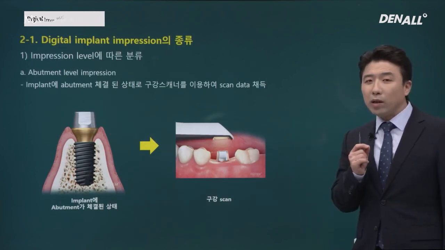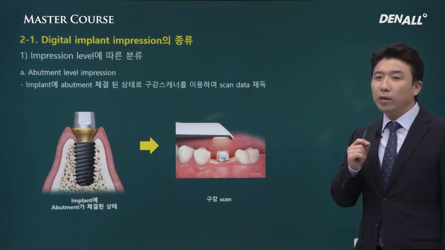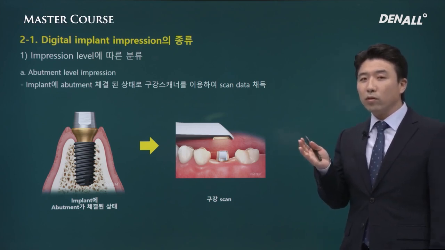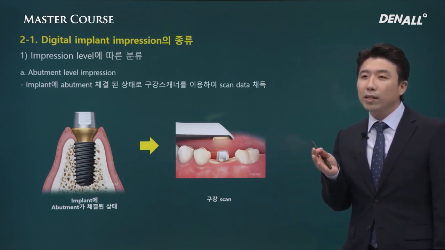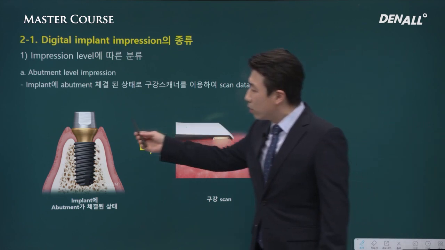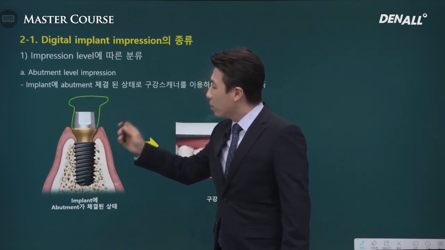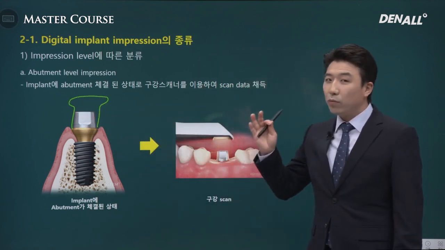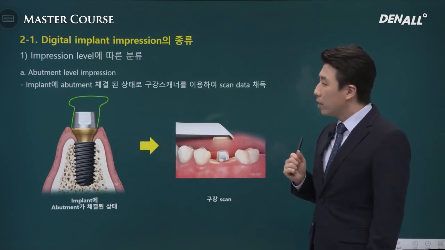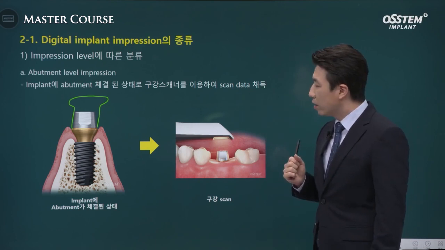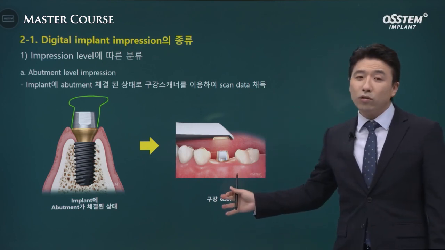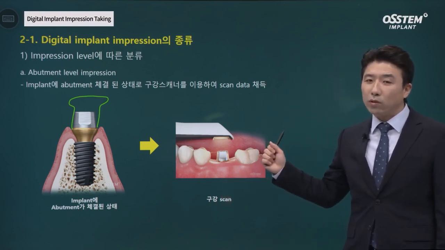Abutment level impression can also be taken. You already know the traditional impression taking method after connecting an abutment. This kind of impression cap is connected, and using impression material, the impression is taken. Intraoral scanning can be done after connecting an abutment.